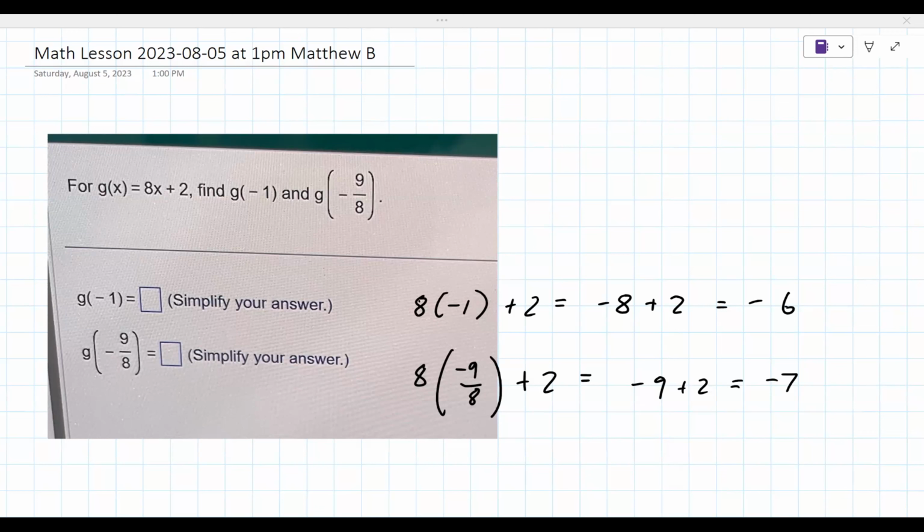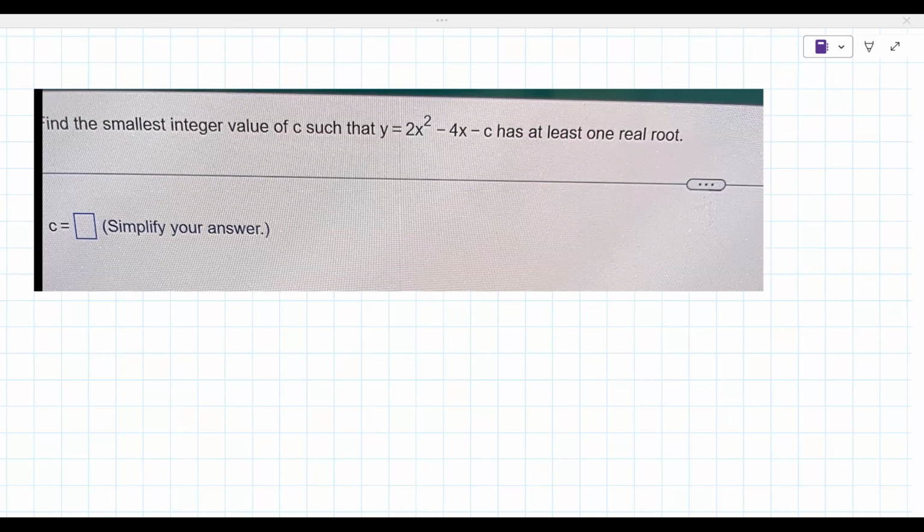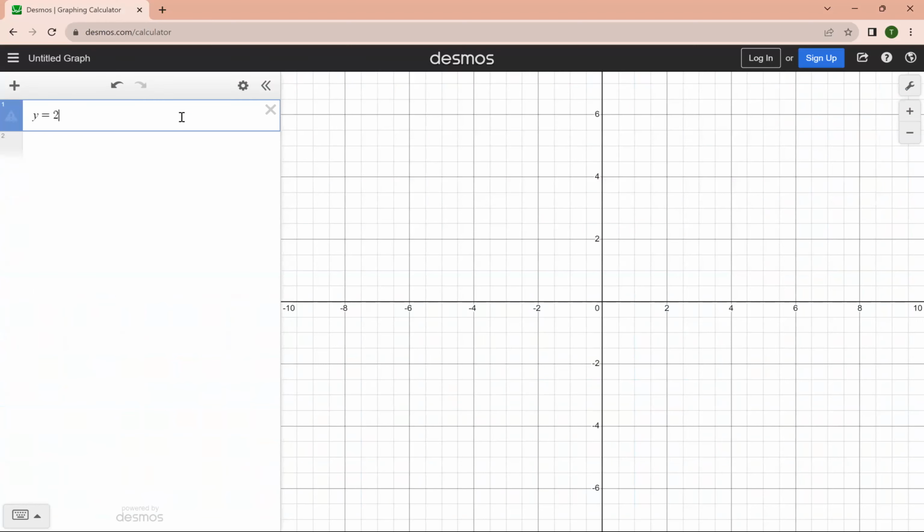Yeah, so the reason I was asking is I was going to suggest graphing this one, which is a different way of doing it, but it illustrates what's happening here. So let me share this other screen and graph y equals 2x squared minus 4x minus c. I'm going to add the slider c.